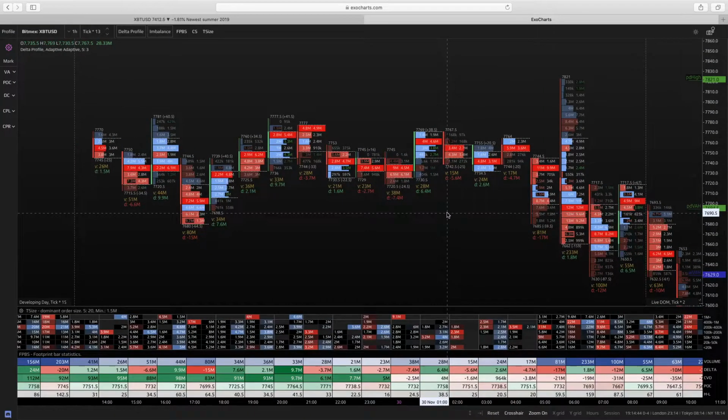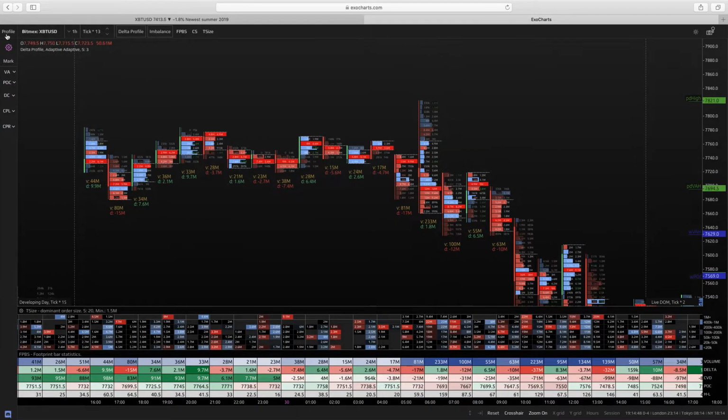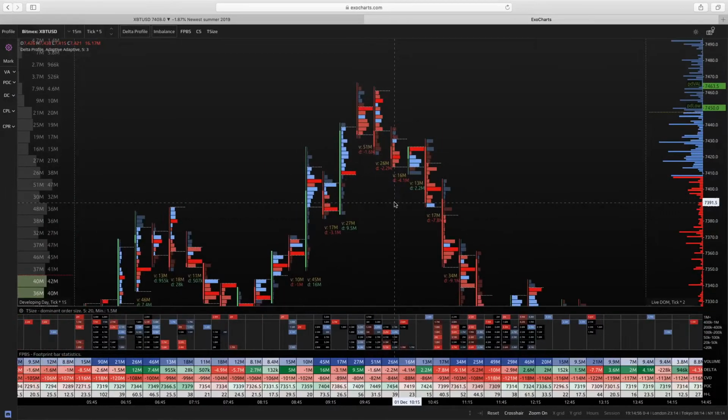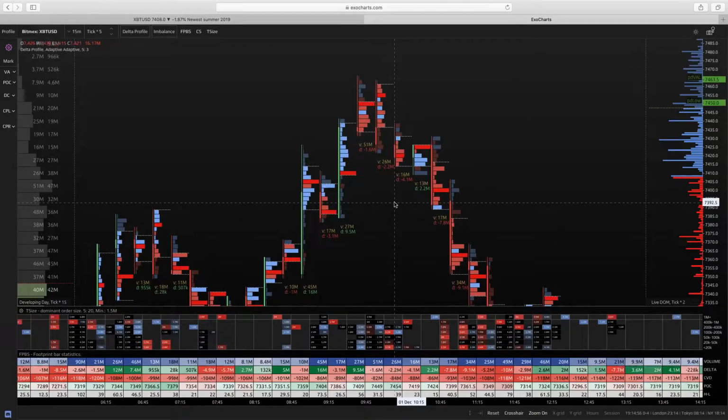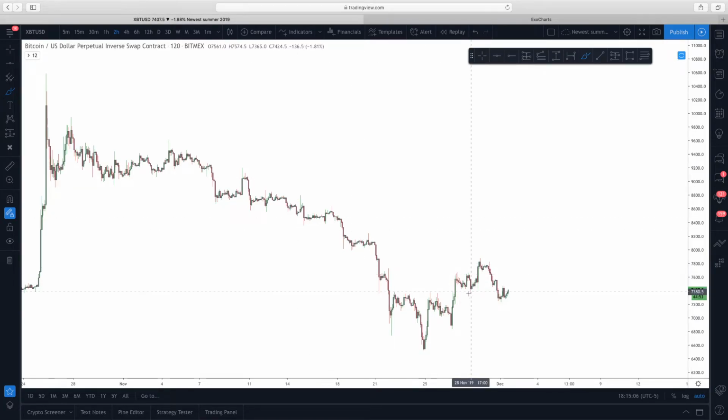All right, so when I'm using ExoCharts, this is how I'm using it. Another thing to point out is that this workshop is not going to go tremendously into ExoCharts. That's the purpose of all the roadmaps I'm going to be doing, so you can really fine-tune these methods on that. For example, when we look at areas where there are zero prints at the top, price is moving through seeking out liquidity.